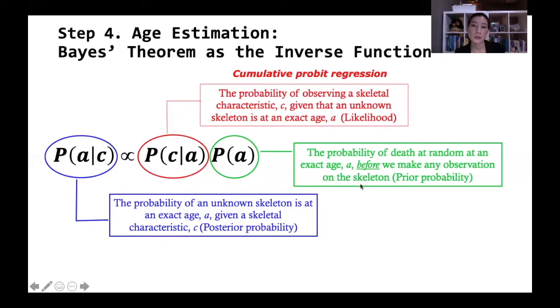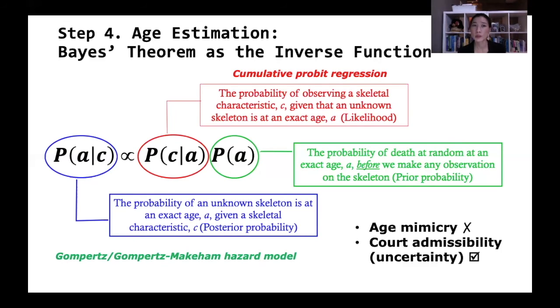The prior probability can come from a number of different sources. We can utilize the documented age of death that comes with the CT scan data, or we can incorporate population mortality data published specifically for the Korean population.